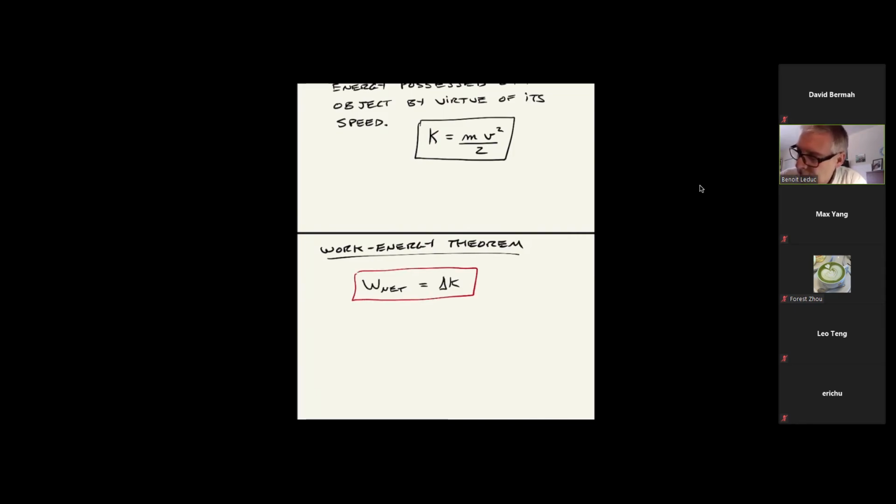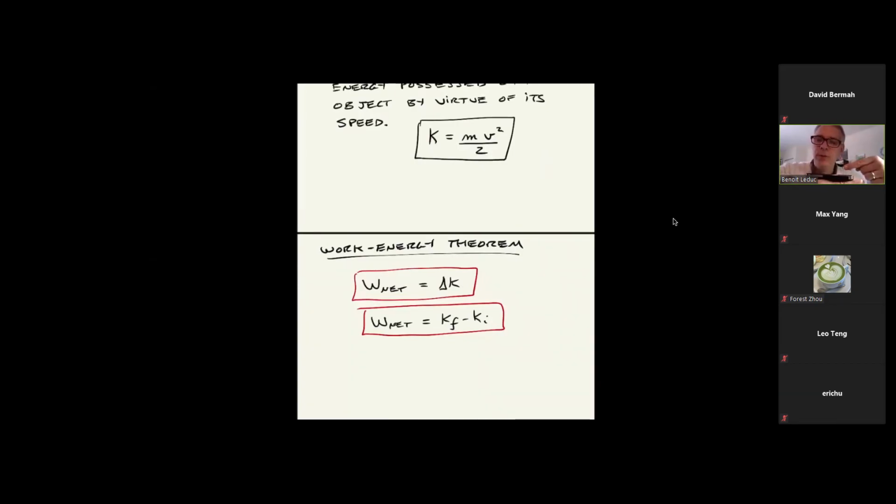All right. So the net work done on an object is equal to this. Now you remember, if I push this, I'm doing positive work, right?